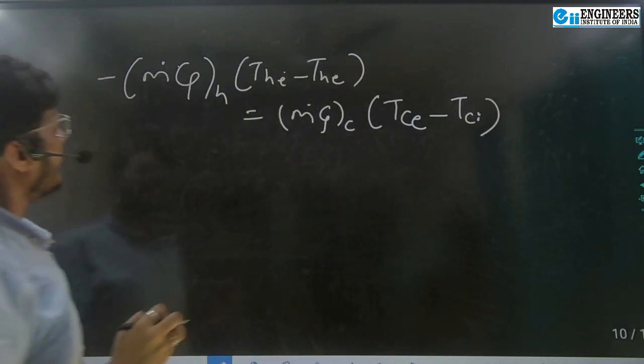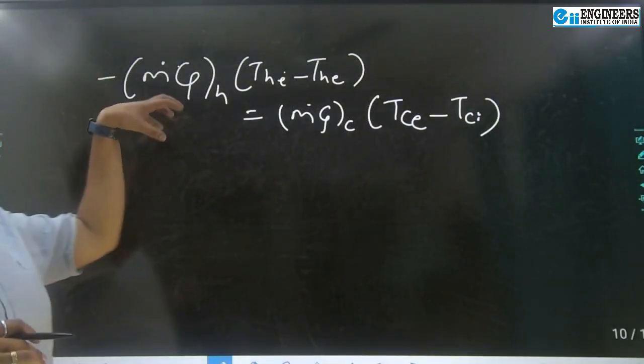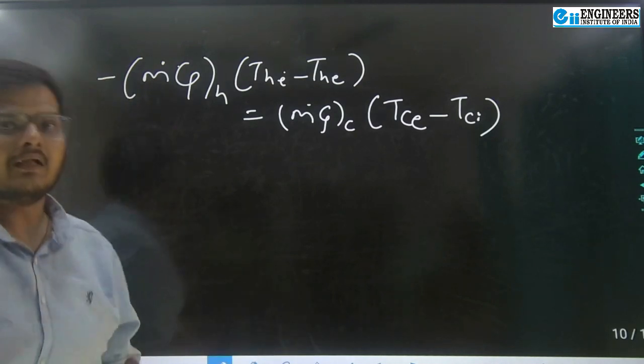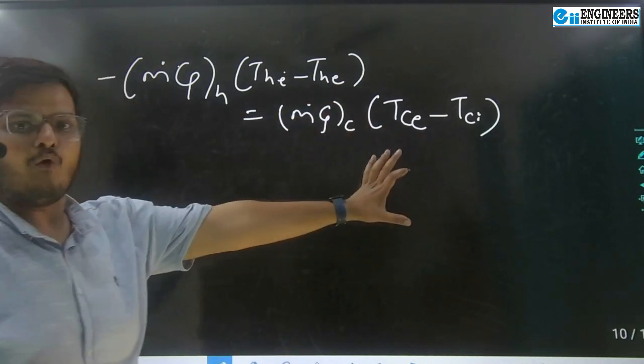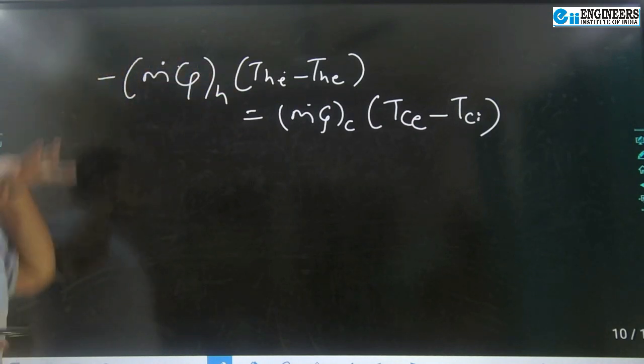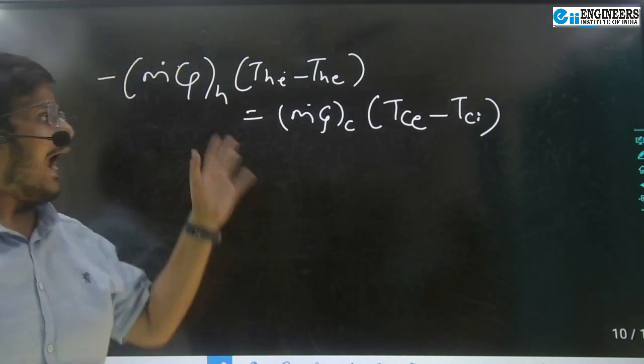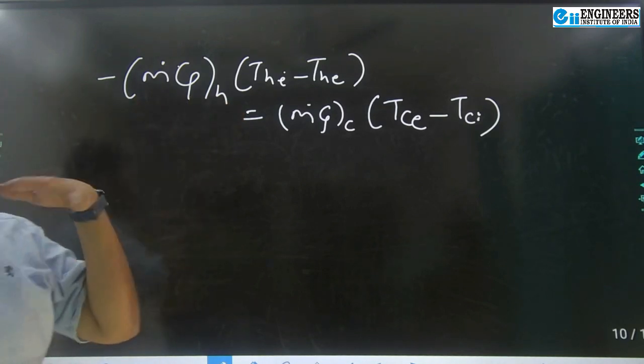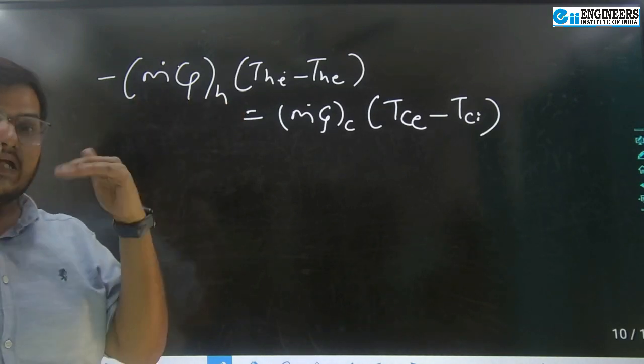What does it represent? The heat that is being transferred from the hotter object is being gained by the cold object, or the hotter fluid is ejecting the heat and the colder fluid is absorbing the heat. So it is basically what our purpose is, heat exchanging.